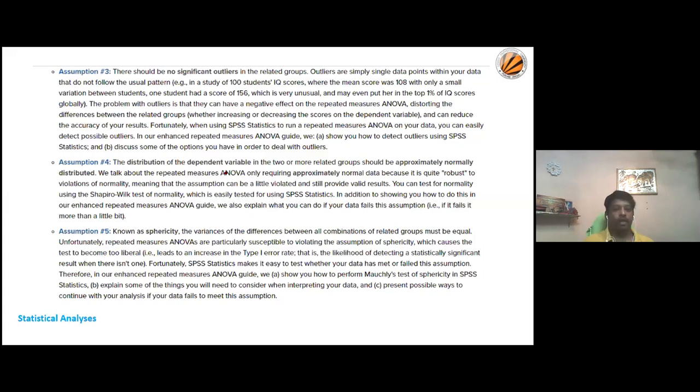The fourth assumption is that the distribution of the dependent variable is approximately normally distributed. Again, you can use SPSS for the normality testing. I want to insist on the words here: approximately normally distributed.